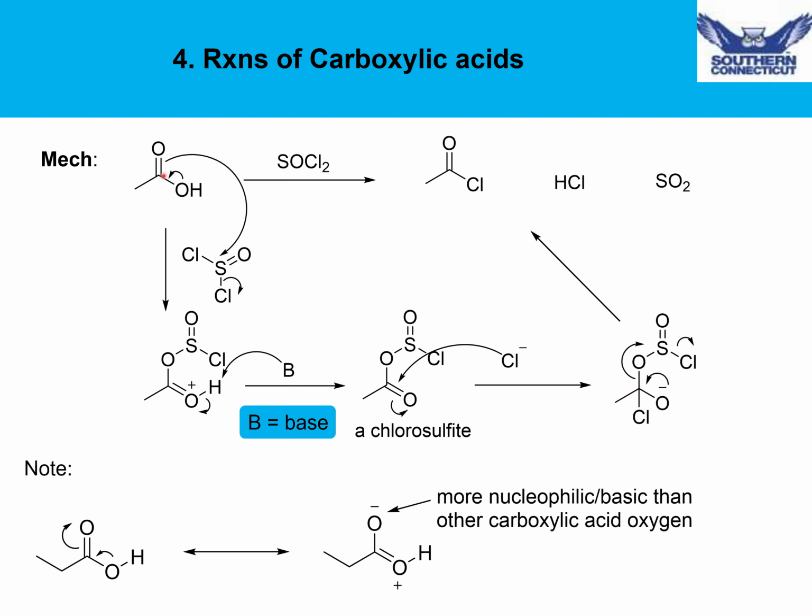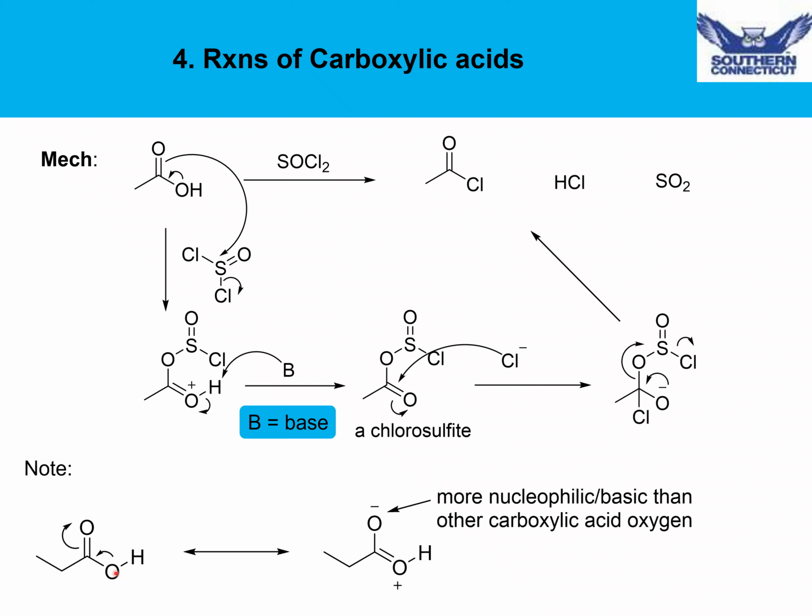Now, in the first step of this mechanism, we saw that it was the oxygen of the carbonyl that actually attacked as a nucleophile this thionyl chloride, the electrophile. We're going to see this several times this chapter. So in general, between the two oxygens on a carboxylic acid or any acid derivative like an ester, the carbonyl oxygen is usually more nucleophilic than this oxygen here.